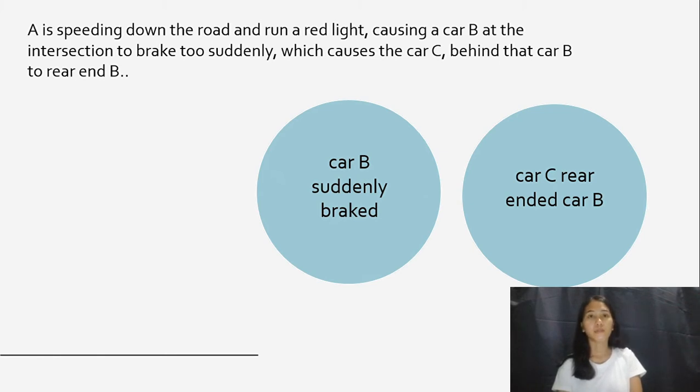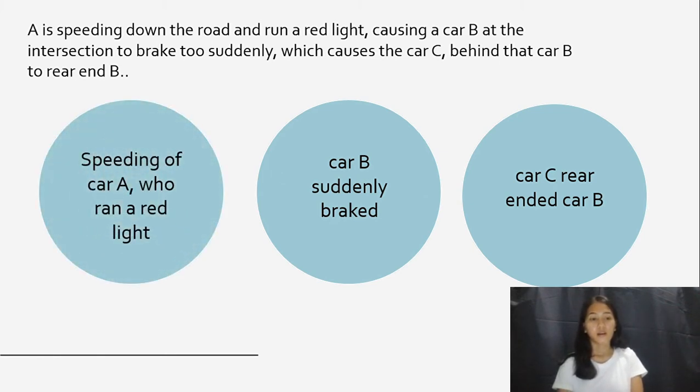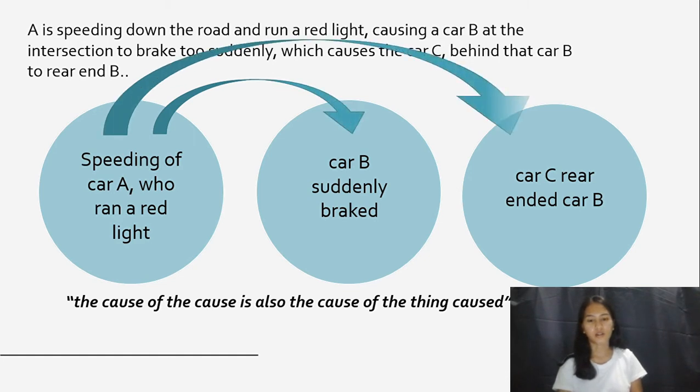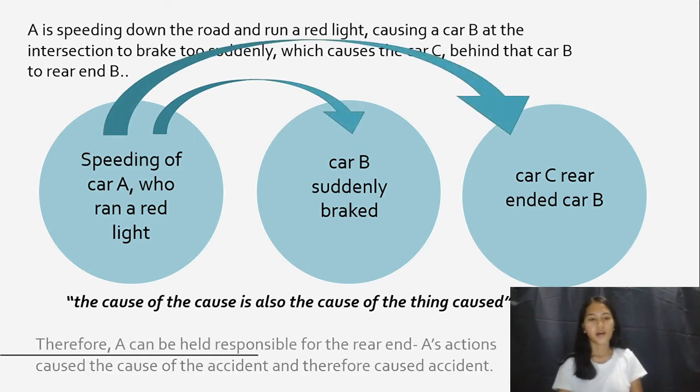Car B suddenly braked because of the speeding of car A who ran a red light. So, the cause of the cause is also the cause of the thing caused. Therefore, A can be held responsible for the rear end. A's actions caused the cause of the accident and therefore caused the accident.